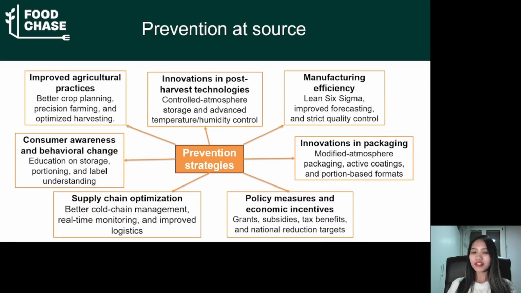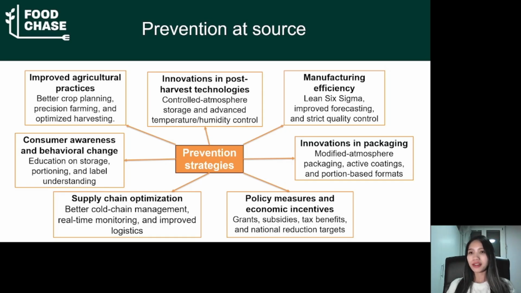The prevention strategy include improve agricultural practice through better crop planning, precision farming, and optimized harvesting. Innovation in post-harvest technology like controlled atmosphere storage and advanced temperature humidity control.